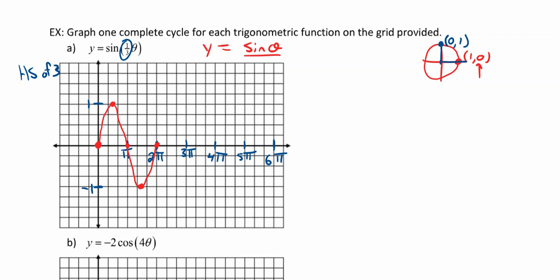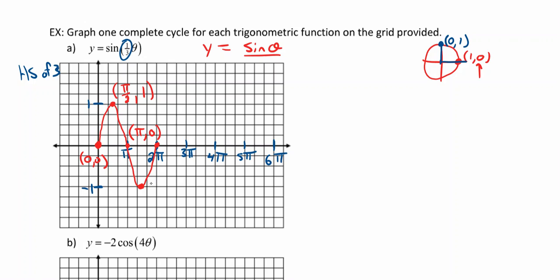Now, we'll think about it this way. Let's actually put the values for some of these points. So this would be the point 0, 0. This one would be the point pi over 2, comma 1. And this point would be pi, comma 0.